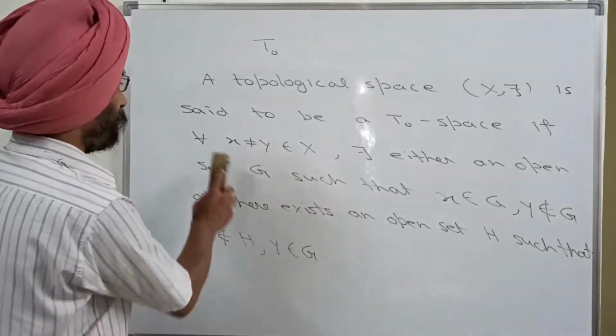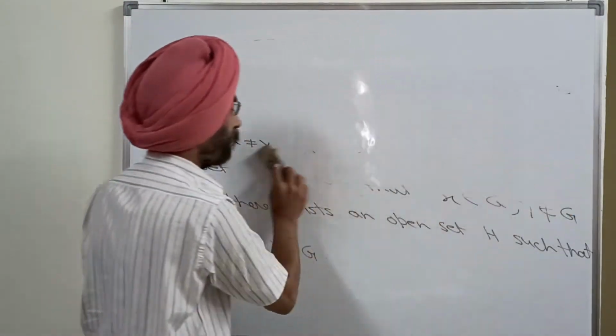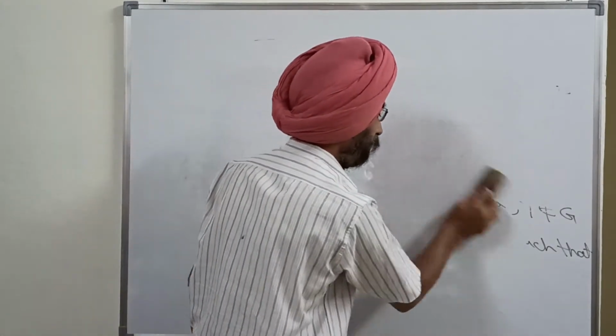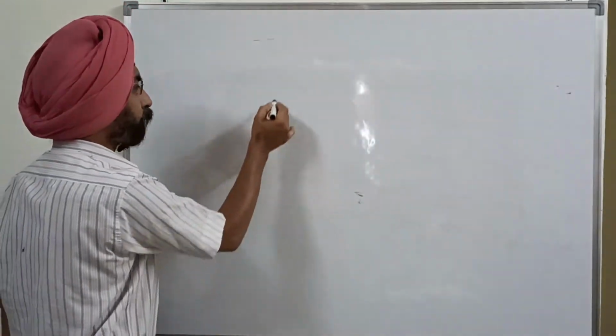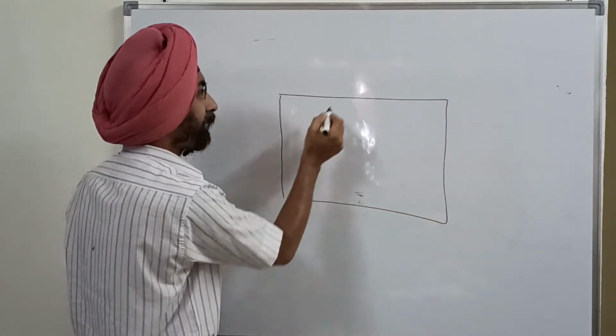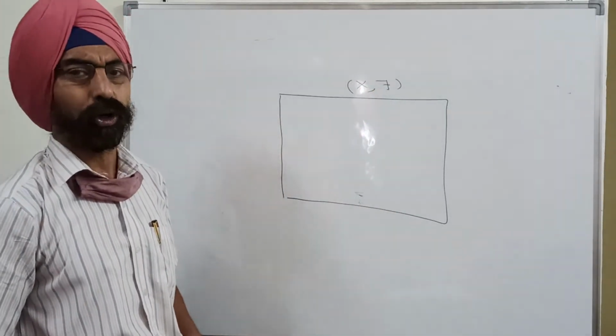Diagrammatically, what is the situation? We can understand what a T naught space is in a better way if we use a diagram. Suppose here is your (X, tau), where X is the set and tau is the topology.